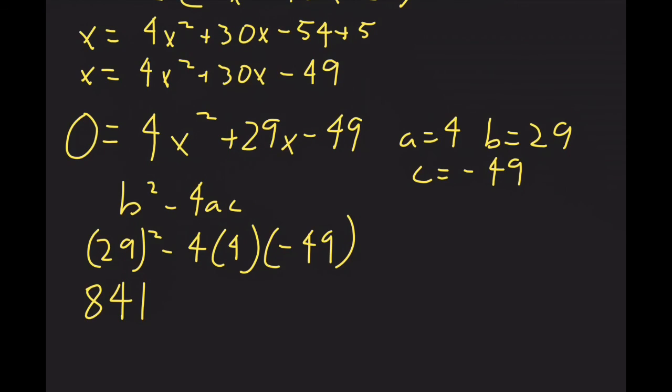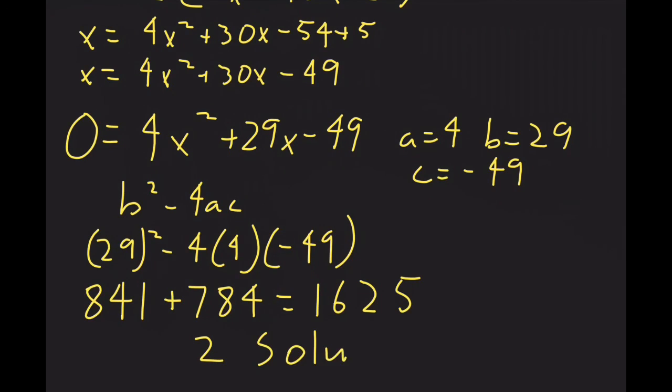If it's minus negative 784, then it's going to be positive 784. So 841 plus 784 is 1625, and that's greater than 0. So there are two solutions to this system of equations.